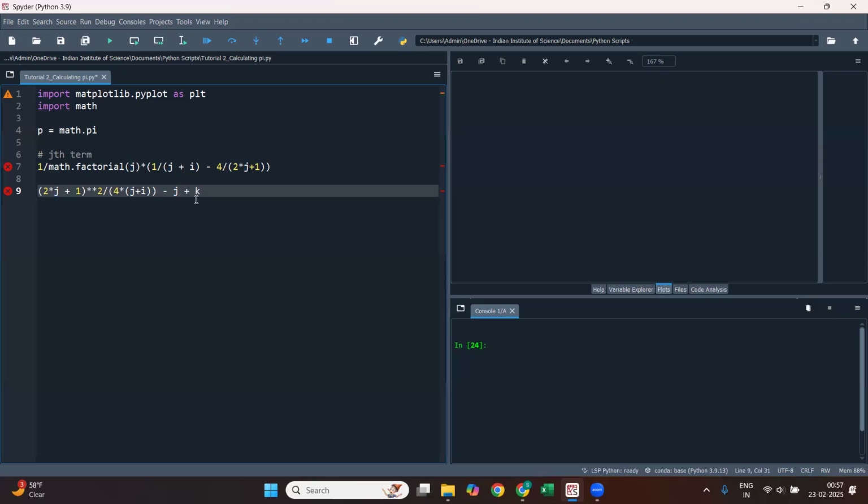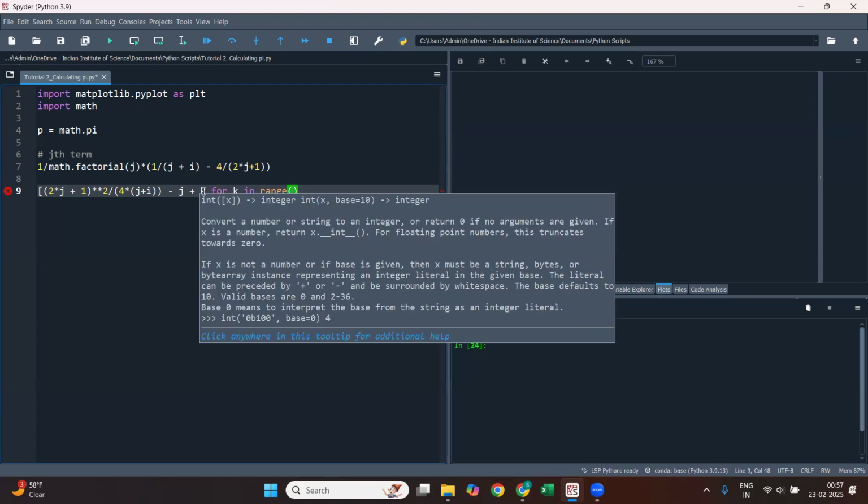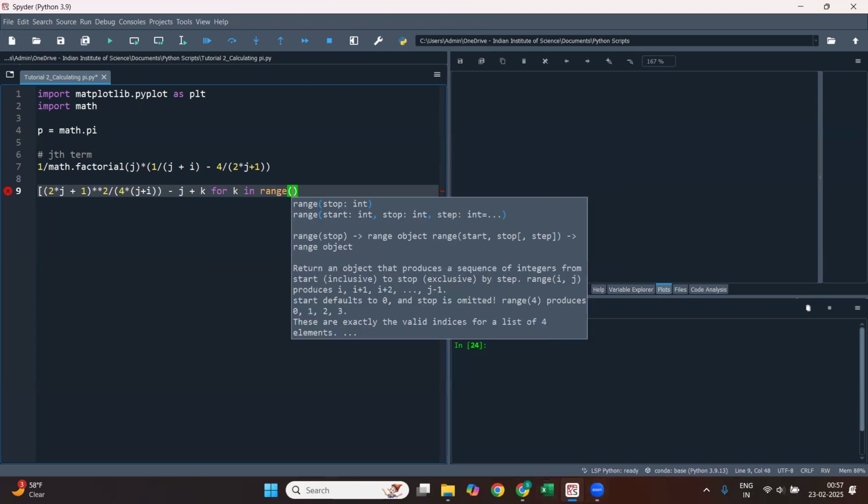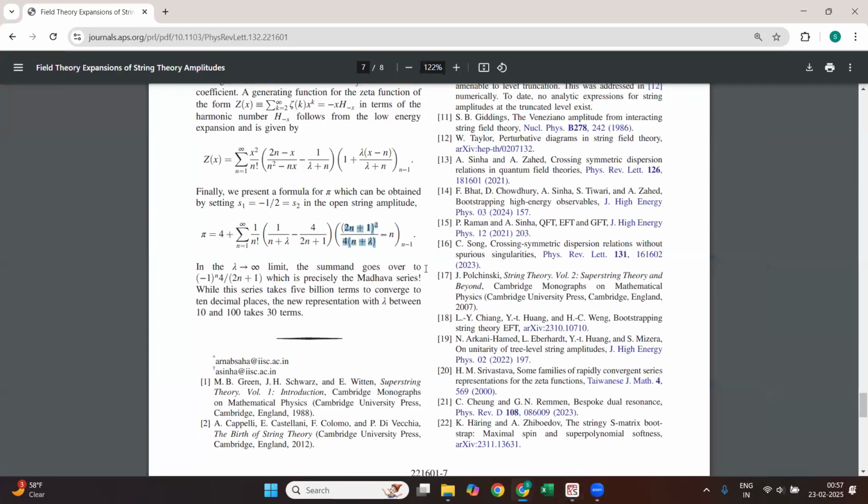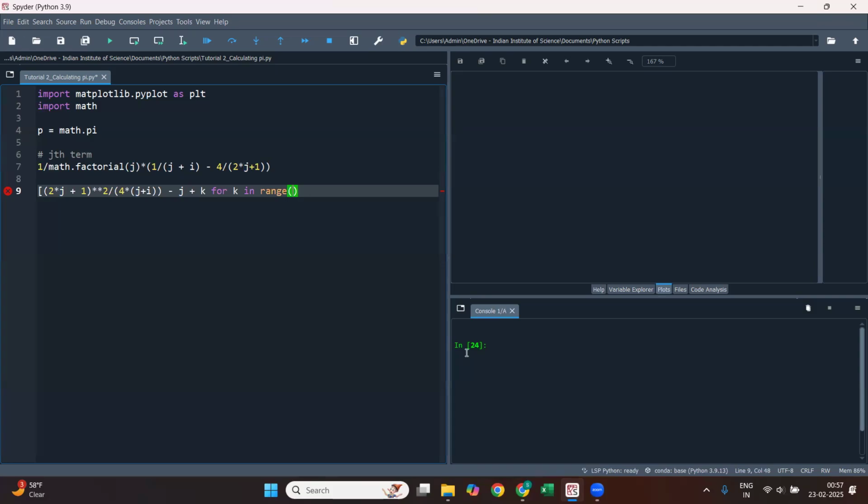And then we'll say this is this plus k, and we'll save the entire thing in a list for k in range, and k goes from 0 to n minus 1 in this case, and n for us is j, so it has to go from 0 to j minus 2.